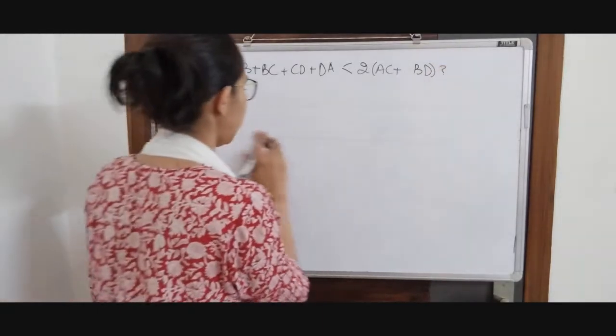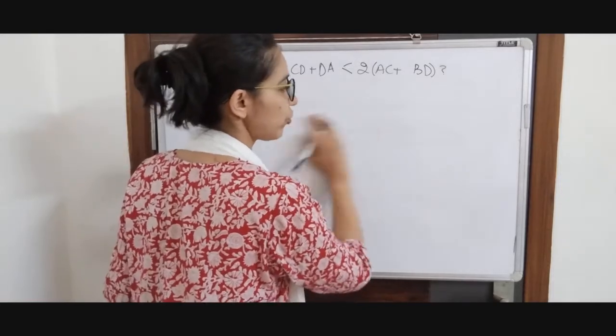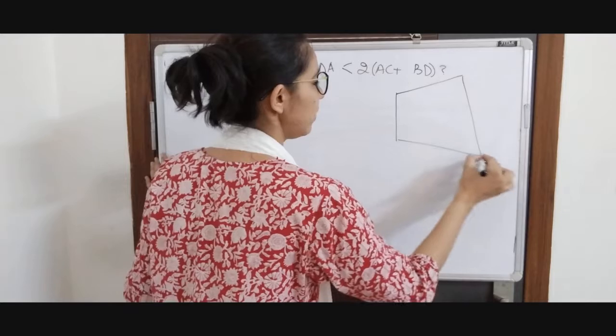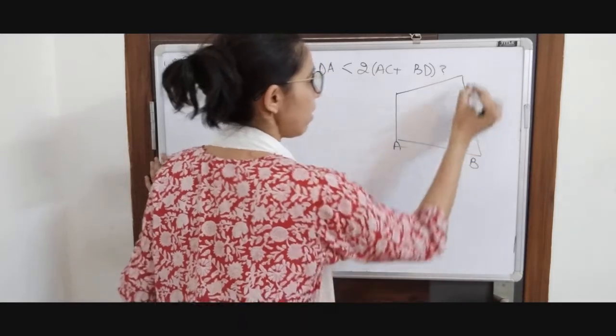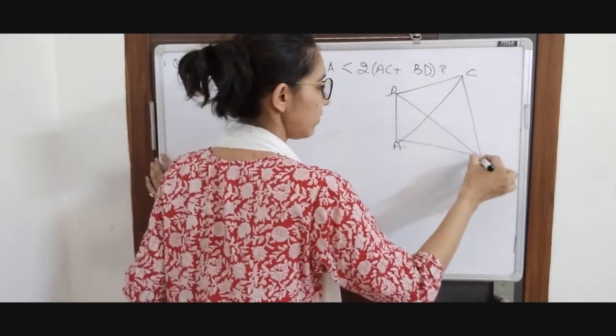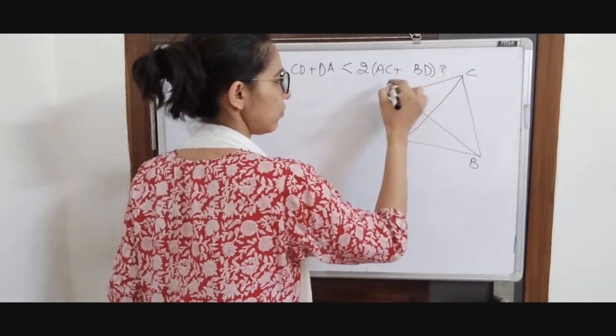So, like the previous question, we are going to proceed in the same manner. Suppose this is your quadrilateral ABCD. We will draw all the sides required, AC and BD.